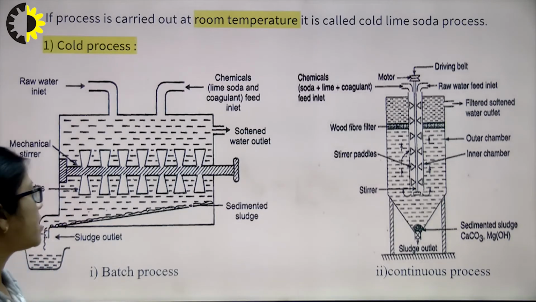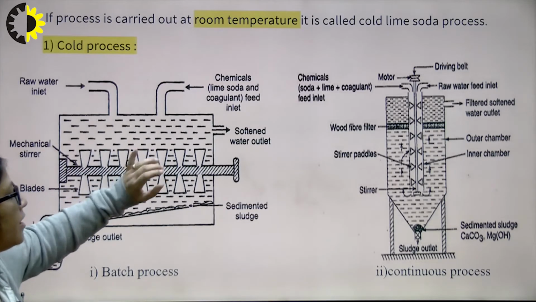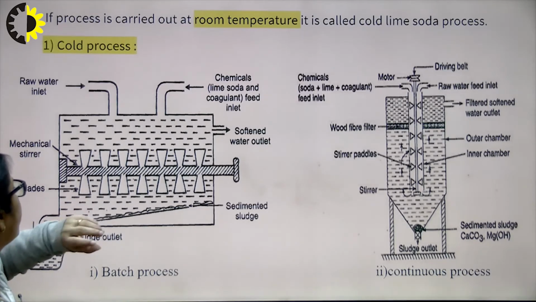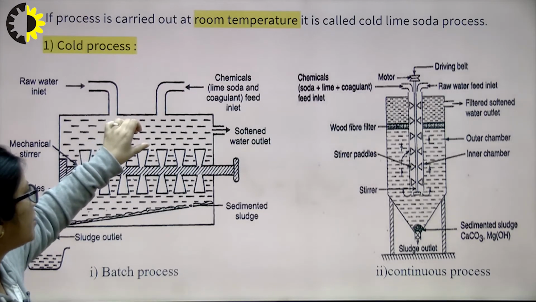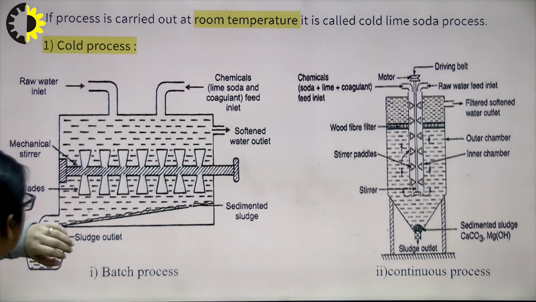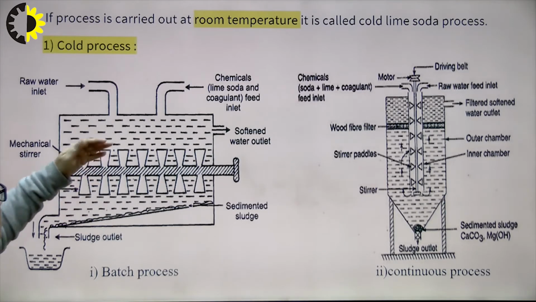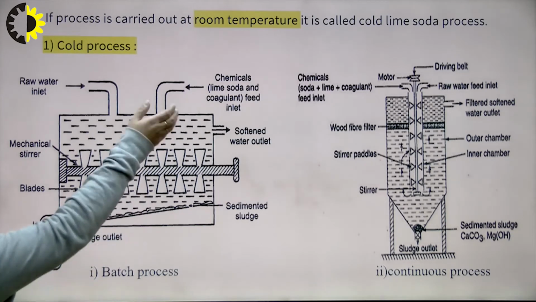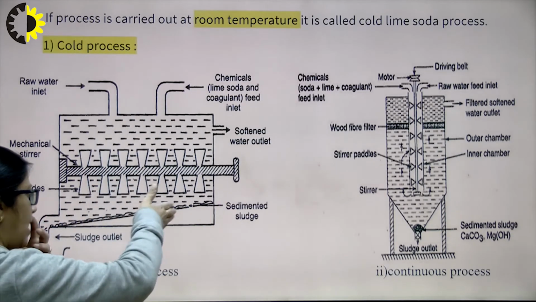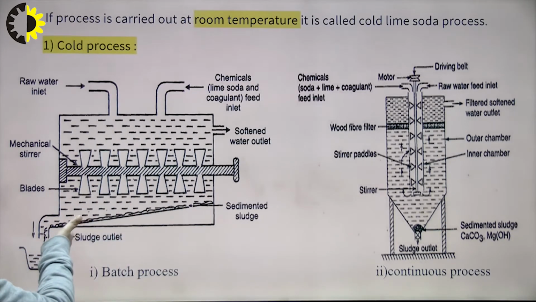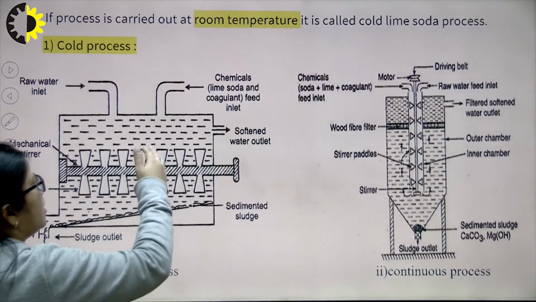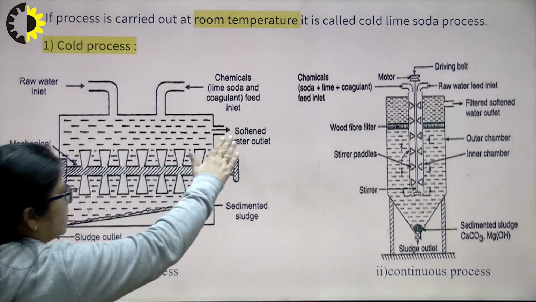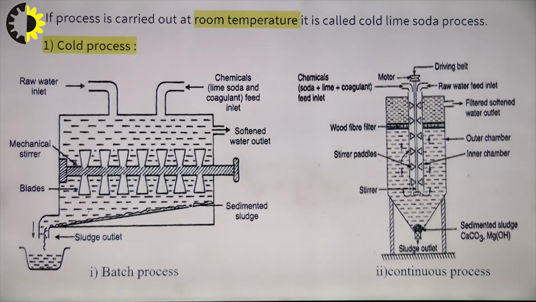In the batch process, in a tank we take the hard water, and we add the chemicals, which are lime and soda and coagulants, and there is a mechanical stirrer. It mixes water with the chemicals and as a result different ions get precipitated and keep on settling down at the bottom of the tank, whereas the soft water is taken out from the softened water outlet.